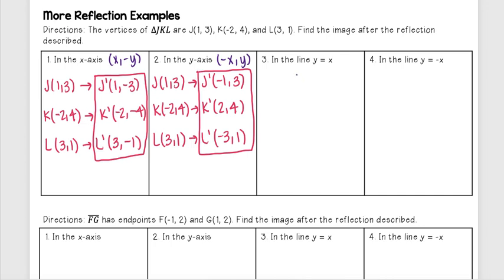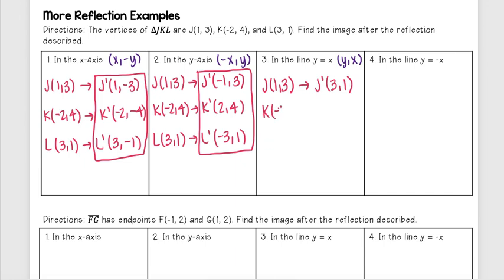Now the next one, I want to reflect in the line y equals x. The rule for that was that I'm just going to flip-flop my x and y coordinate. So my y coordinate is going to be first, and my x coordinate is going to be second. For J, 1, 3, when I reflect it across the line y equals x, my 3 is now going to be first, and my 1 is going to be second.